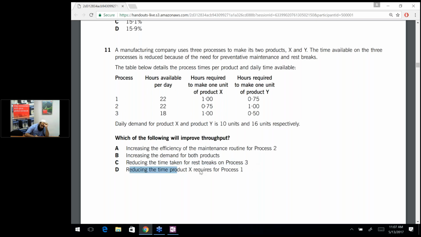We can reduce the time of process 1 because these are non-limiting factors. Anything which is not a limiting factor can be allowed to have idle time, can be allowed to have underutilization. Remember my example? But anything which is a limiting factor is never allowed. So answer is A.